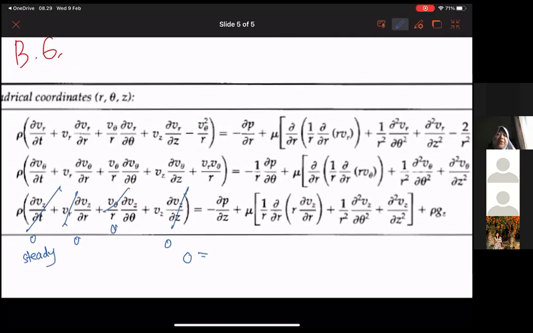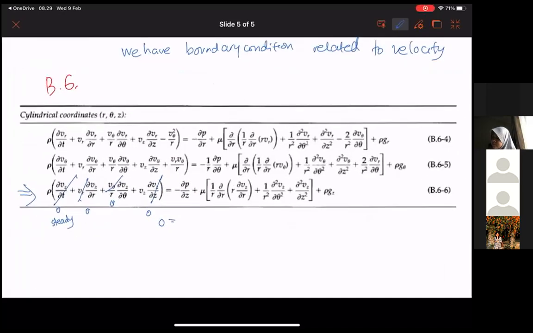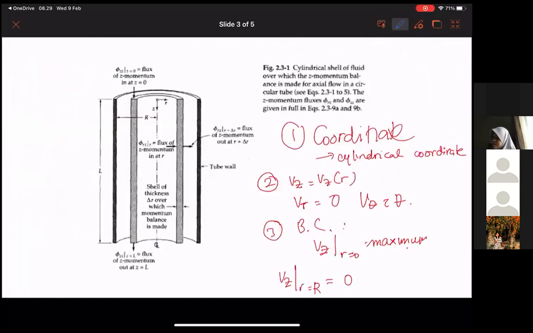Do we have dou P over dou z in this case, in the cylindrical tube? It's an open system as well, right? Open system or closed system? Does it have a wall in this case? This one is inside the pipe, full of fluids. So is it open or closed?